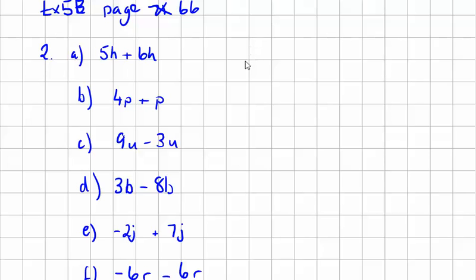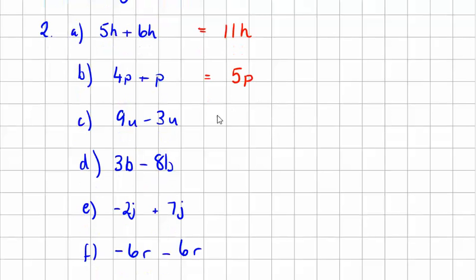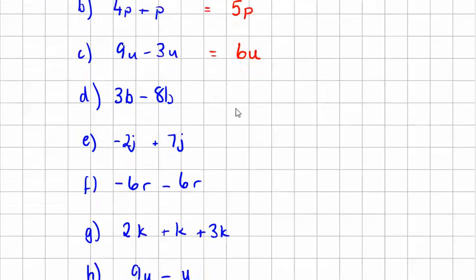Question 2. Sophie, what do you reckon? 11H. Yeah. 5P. Okay. B, what do you reckon, Seraphina? 5P, you're right. Congratulations. C, Giselle, what do you reckon? I reckon it will be 6u. Perfect. 6U, well done. Millie, what do you think for D? Careful.